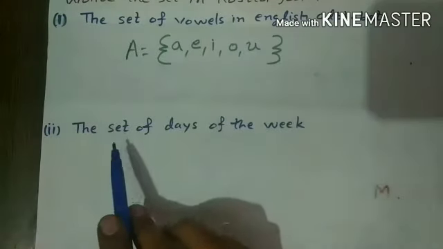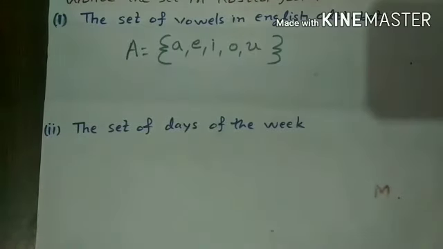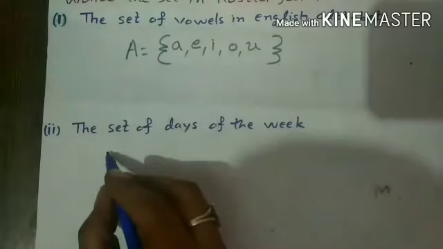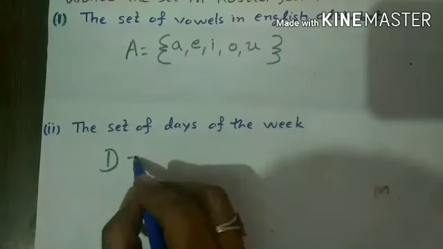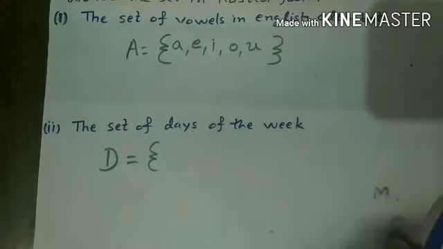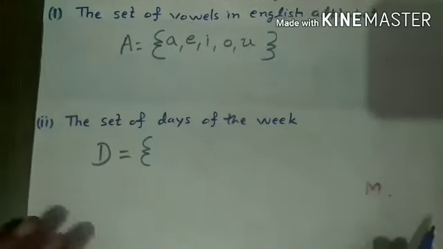Now the second part is the set of days of the week. Also we have to write it in the roster form. So I will give it the name D. D is the set of the days of the week. So which are the days of the week?